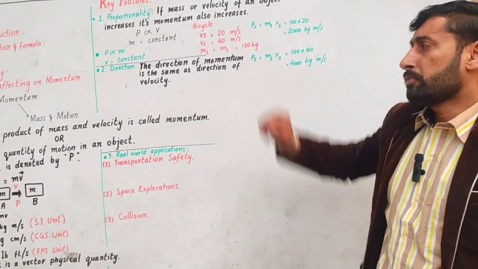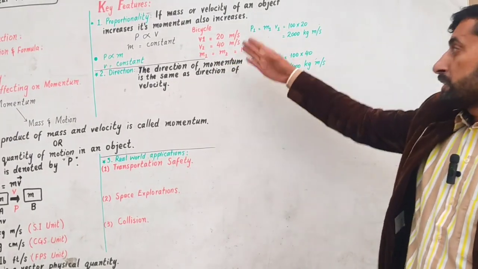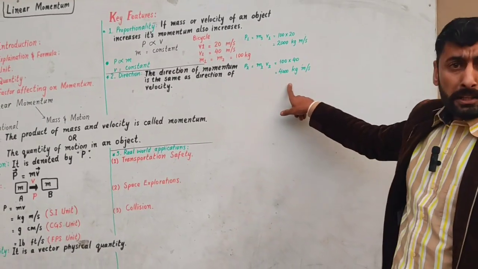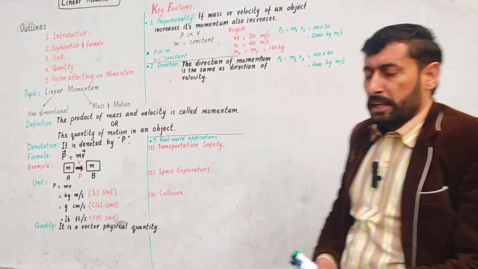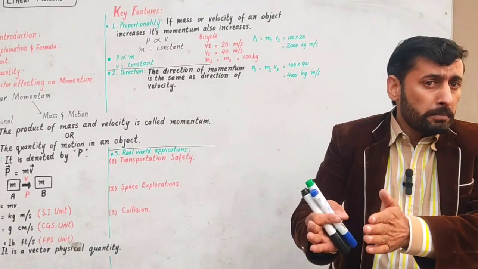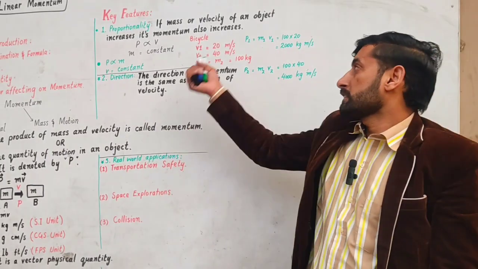The second bicycle has the same mass but a different velocity, so the momentum becomes 4000 kg meter per second. So we can conclude that the momentum at velocity v2, 40 meter per second, is greater than the momentum of the first one, whose velocity is 20 meter per second.